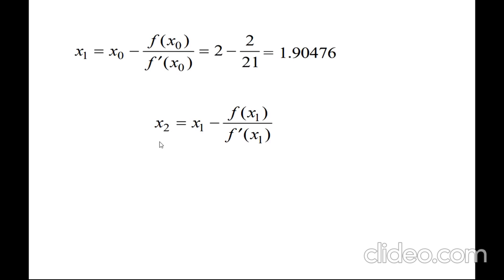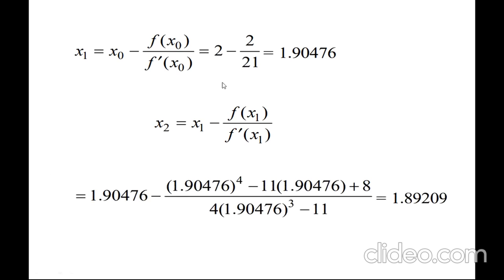x2 is given as x1 minus f of x1 upon f dash of x1. Just replace the value of x1 as 1.90476 in this equation.